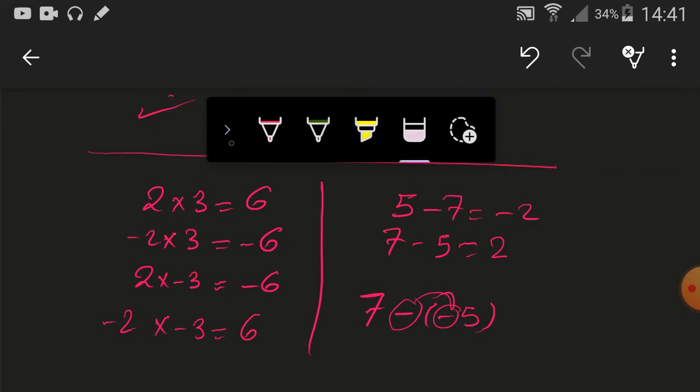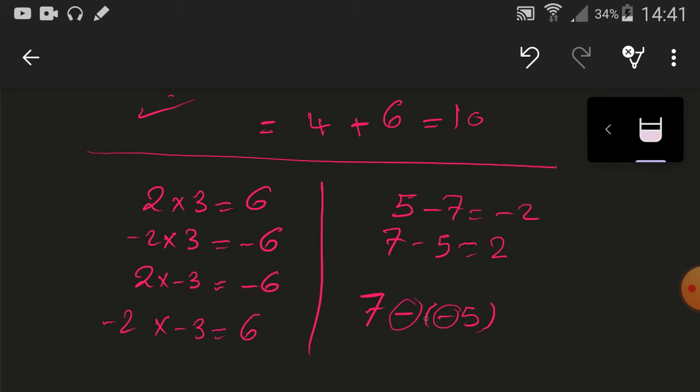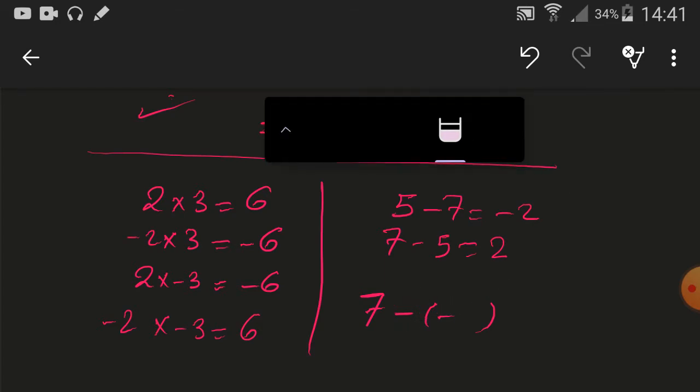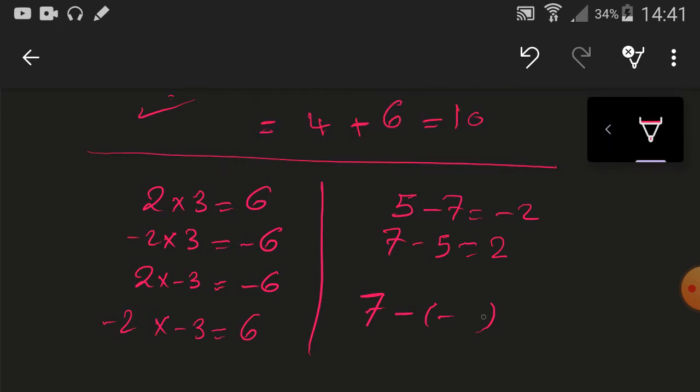So we multiply negative by negative, because the bracket, as you know, means multiplication. So in this case, this would be like 7 plus 5, which is 12. And negative 7 minus 5: we have negative 7 and we lose another 5, so our loss is negative 12.